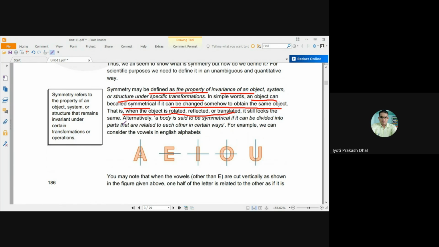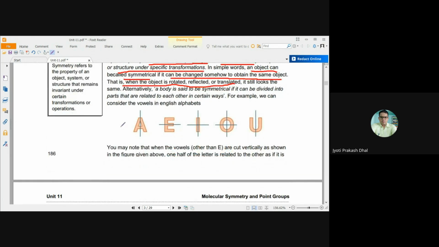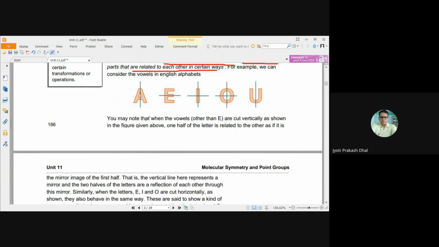That means the same appearance will be there, and that is called symmetry. Alternatively, a body is said to be symmetrical if it can be divided into two parts that are related to each other in certain ways. For example, consider the vowels of the English alphabet: A, E, I, O, U.